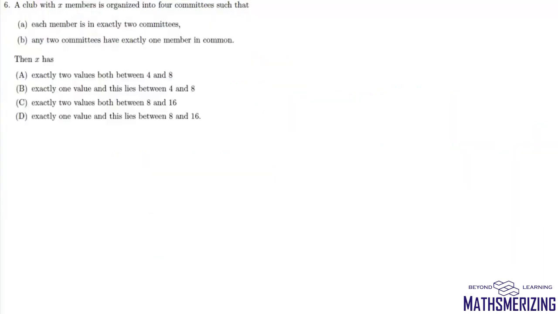Now question number 6 is, a club with X members is organized into 4 committees such that each member is in exactly 2 committees and any 2 committees have exactly 1 member in common. We'll solve this problem using graph theory. So we'll take 4 nodes, and each of these nodes will represent a committee. So we have 4 committees, say C1, C2, C3 and C4.